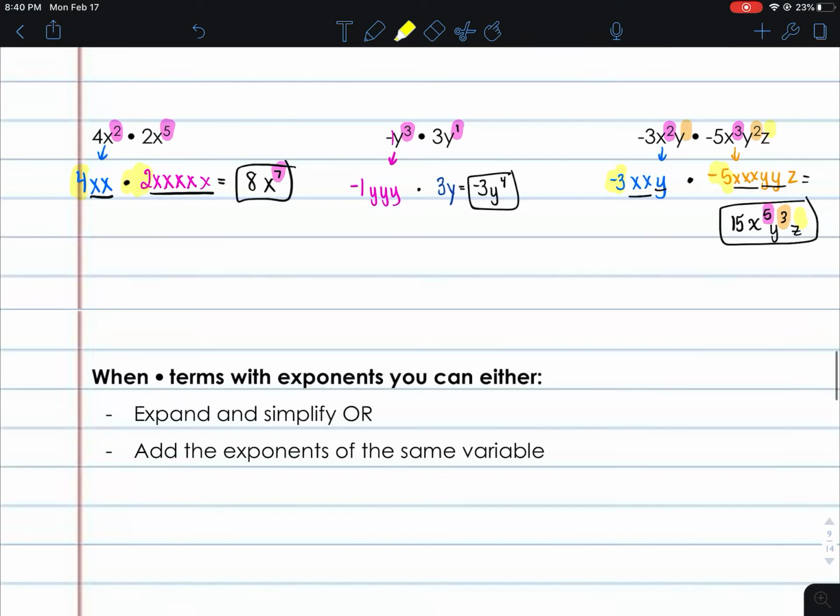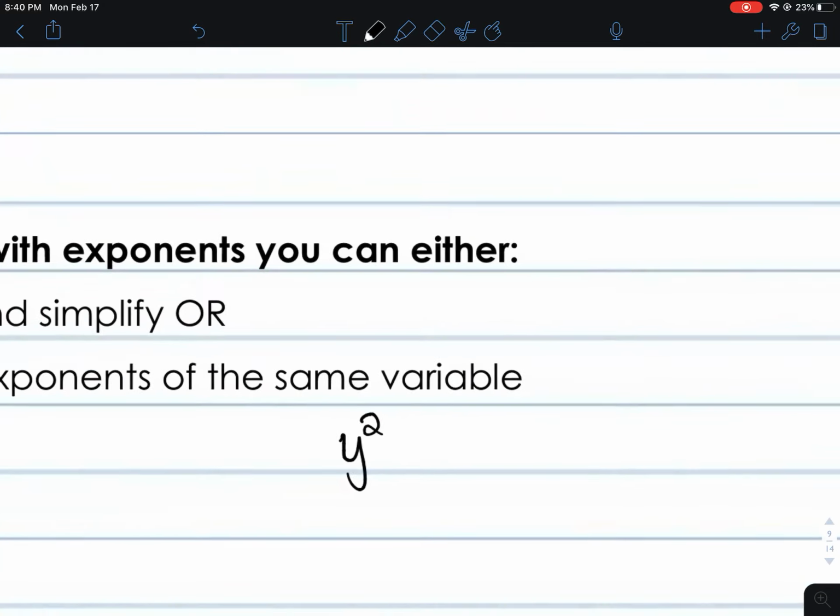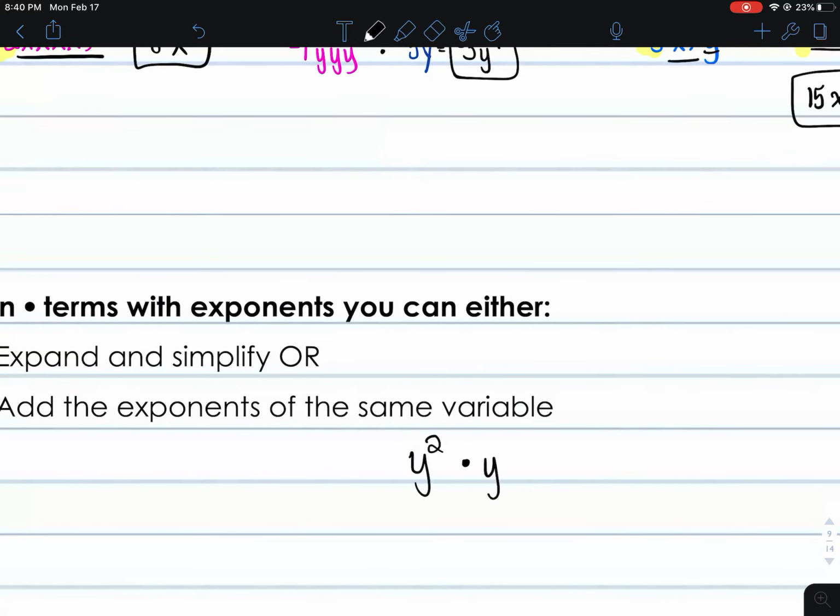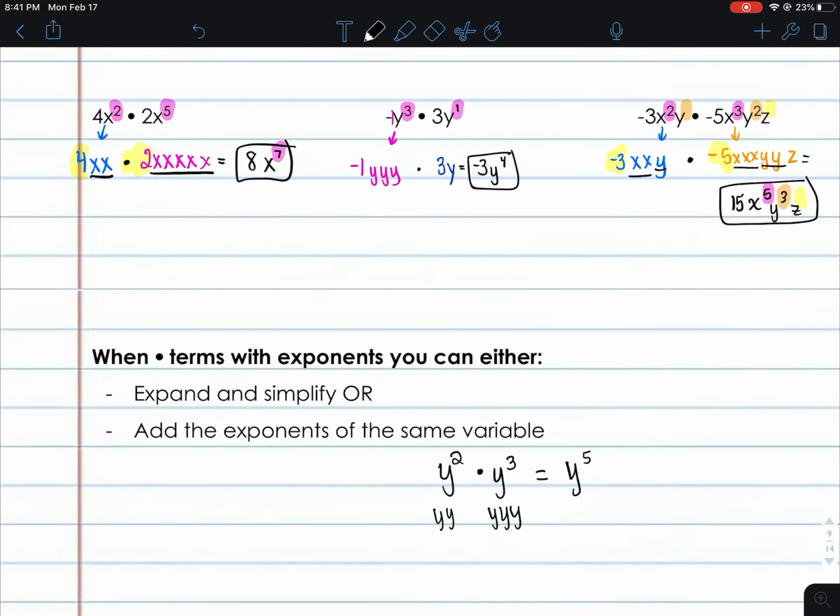So if you have y to the 2nd times y to the 3rd, you could think, well, that's going to be y times y, and then y times y times y. Or if you're comfortable with that and you know visually what that would look like, you could just go ahead and add them together and that will give you 5.